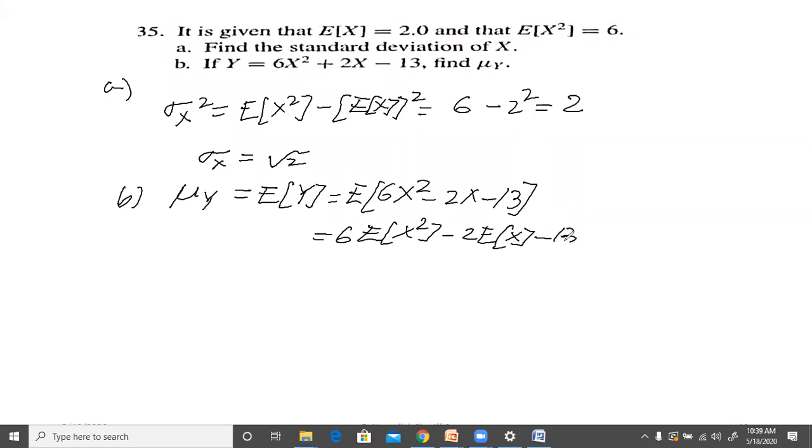Expectation of a constant is constant itself. So 6 into 6 minus 2 into 2 minus 13. So 36 minus 4 minus 13. Is it all right? Okay, I think this is plus. This is plus.